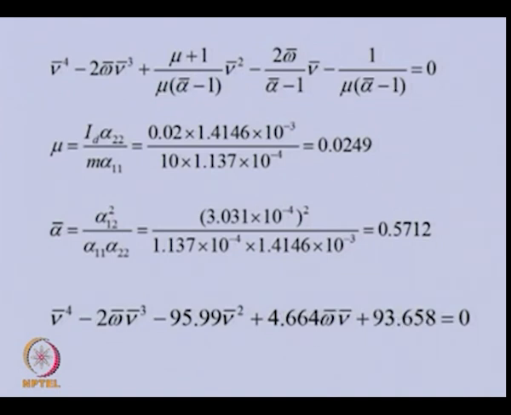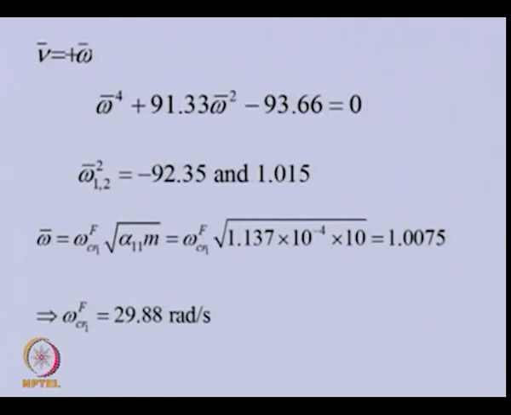For forward whirl, we have the condition that the whirl frequency is equal to the spin speed ratio. If we substitute this to get the critical speed, the previous polynomial will reduce to a simple quadratic equation in terms of omega square.